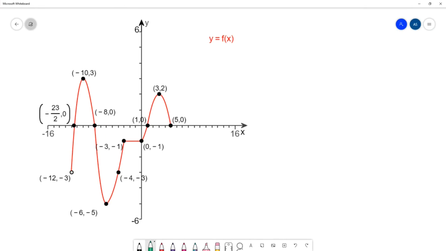So I'm going to label everything so we've got it clear. So along this section, the graph is increasing, and this section it's increasing, and along this section it's increasing.